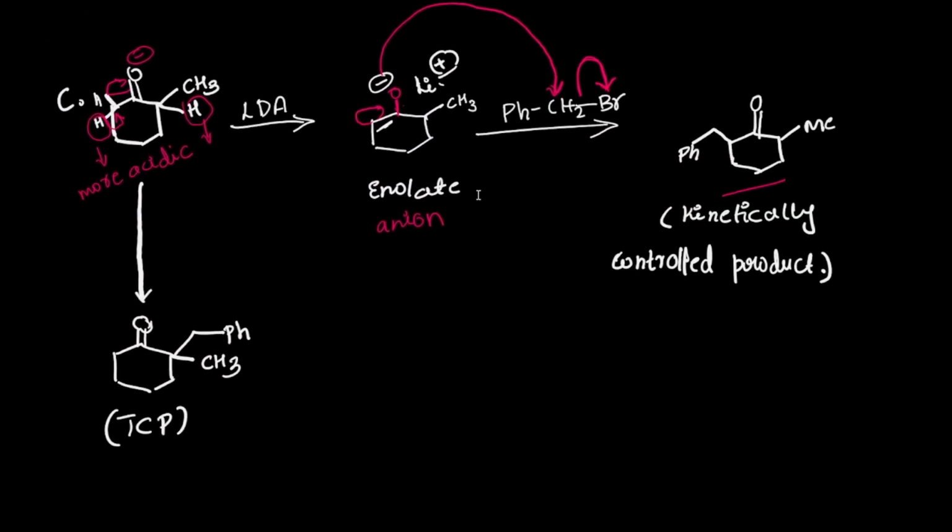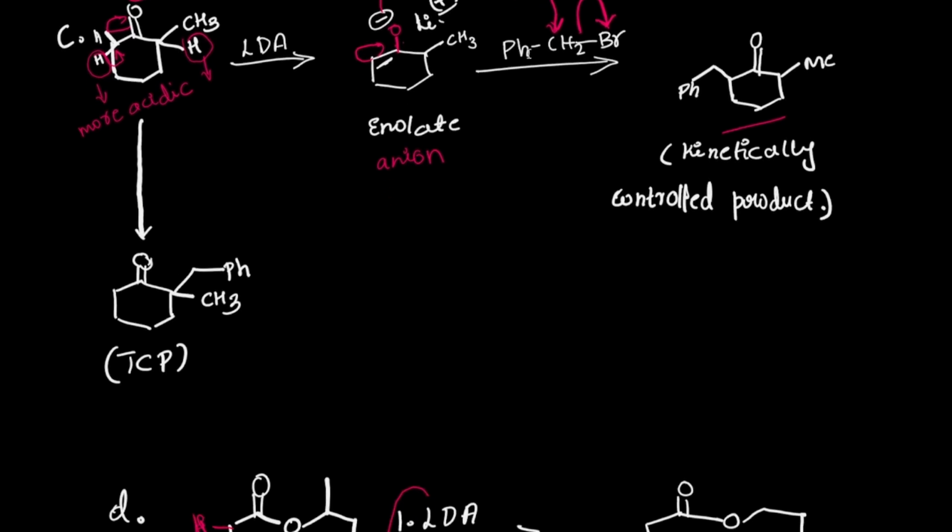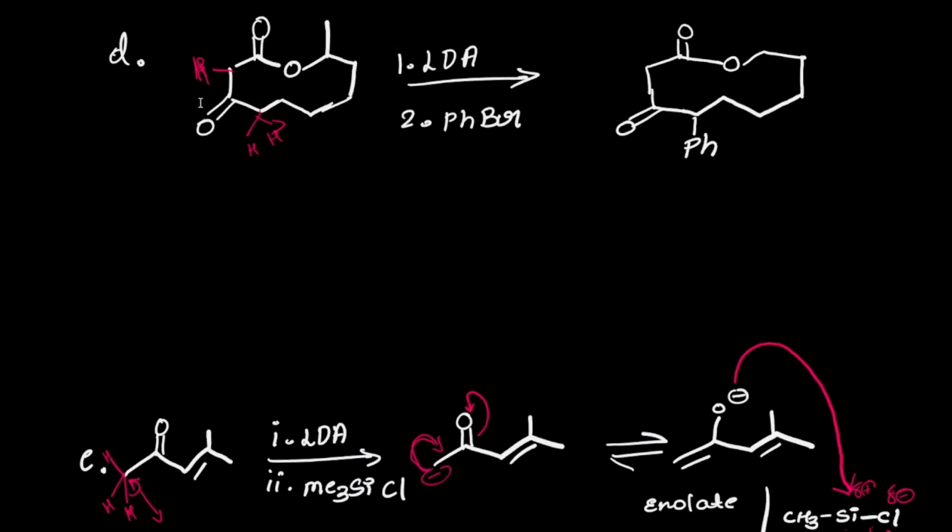So next, let's see another example. Before going to this, let's see this example where you have a carbonyl compound. Here you have two sites where you can find acidic protons, one at this carbon and another at this carbon.